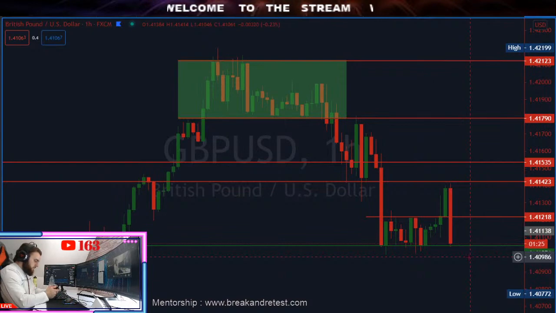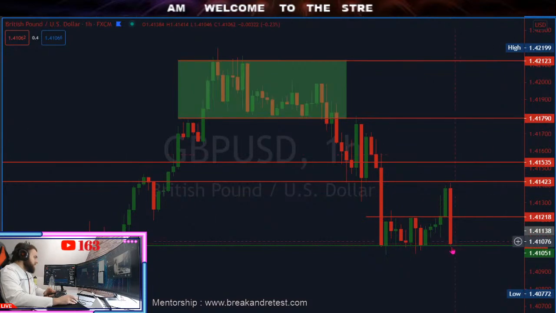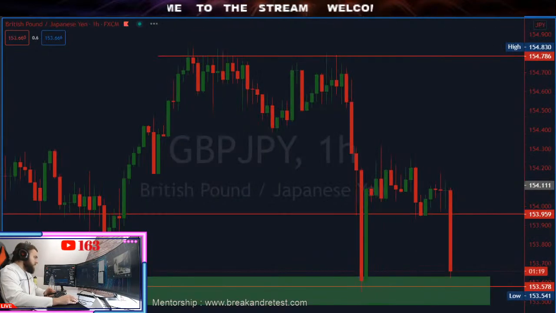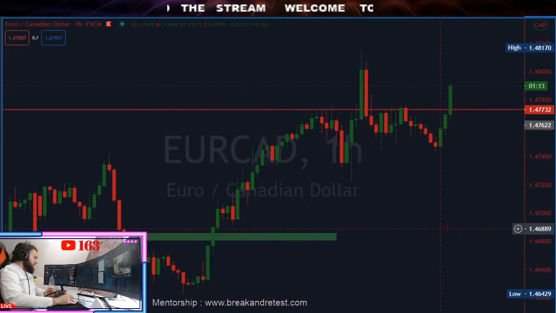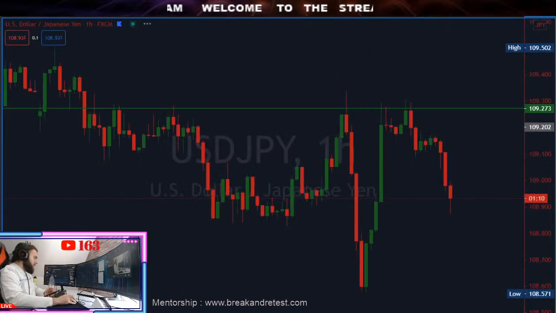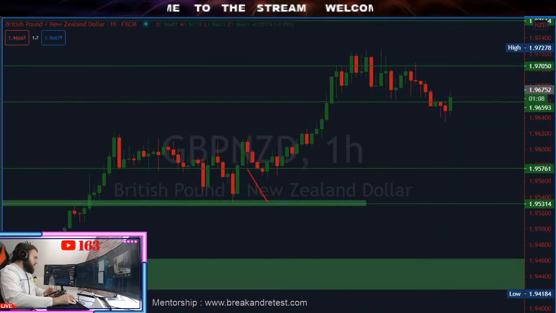Two minutes left. Let's go. 2 minutes left. The GU is not gonna break. USD CAD almost. And your cat is already in breakout. We're just waiting for the close now.